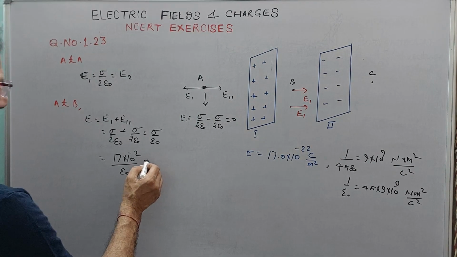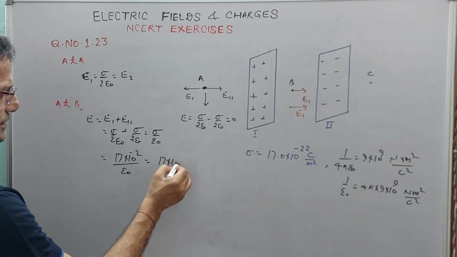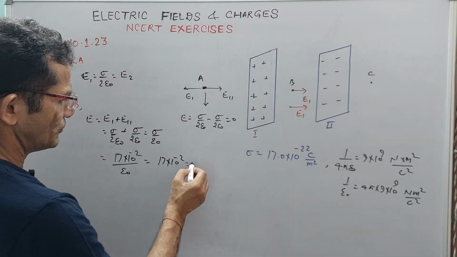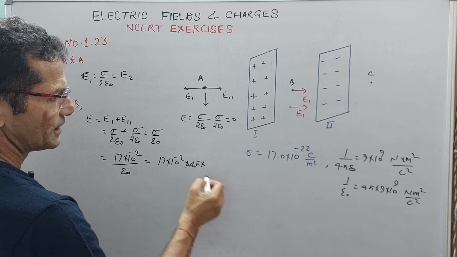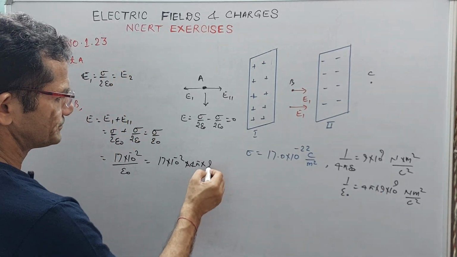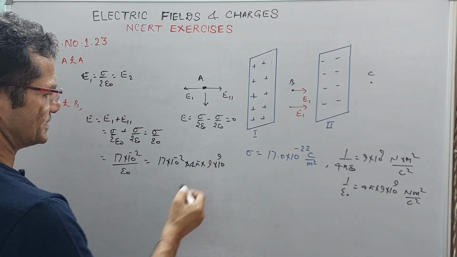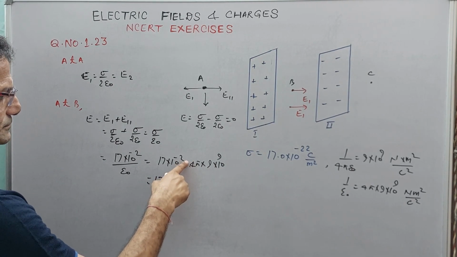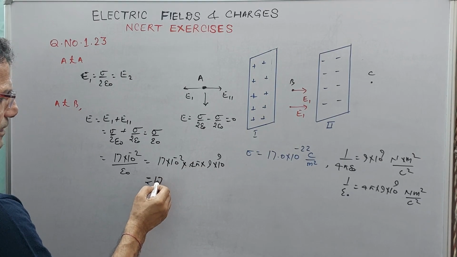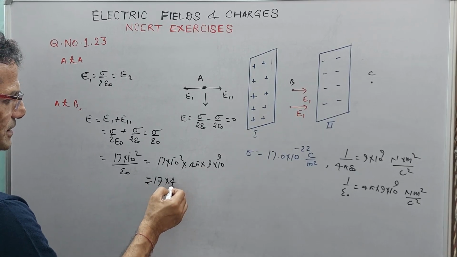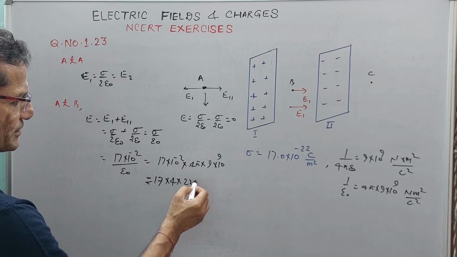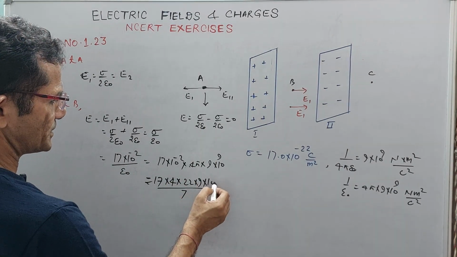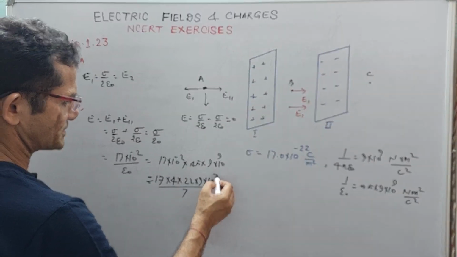If I place the value here, 17 into 10 raised to minus 22, into 4 pi into 9 into 10 raised to the power 9. After simplification, 17 into 4 into 22 by 7 into 9 into 10 raised to the power minus 22 plus 9.